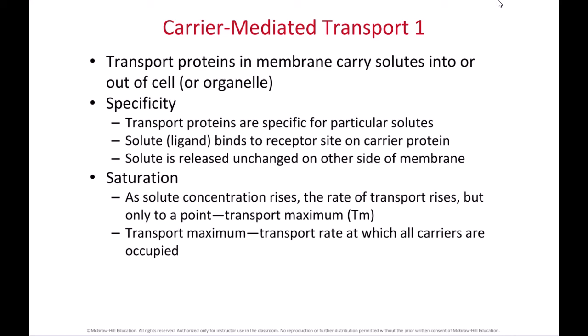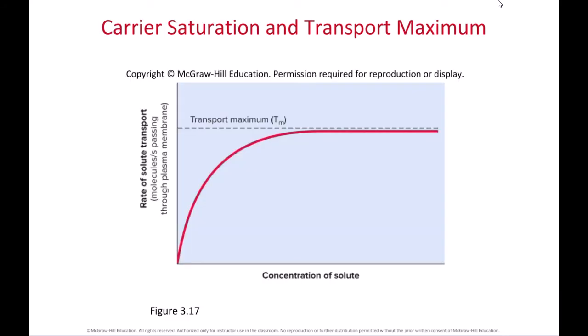These transporter proteins are going to bind to the molecule and then transport that molecule unchanged, unaltered, to the other side of the membrane. My favorite example of transport maximum probably is going to be moving glucose out of the urine in the kidneys. And this is a really funny but kind of gross story.